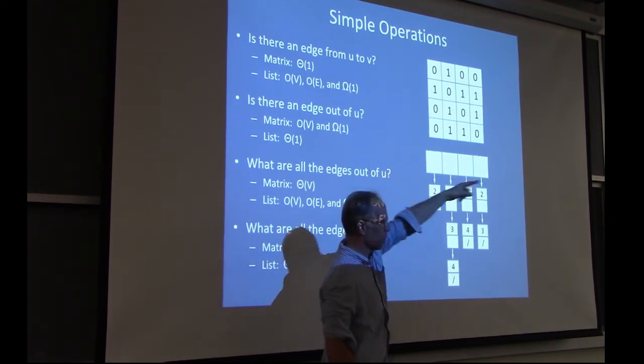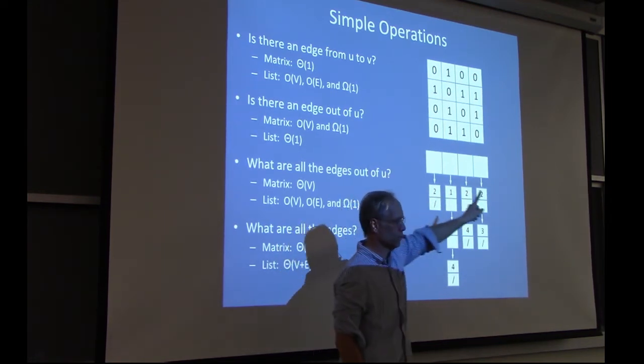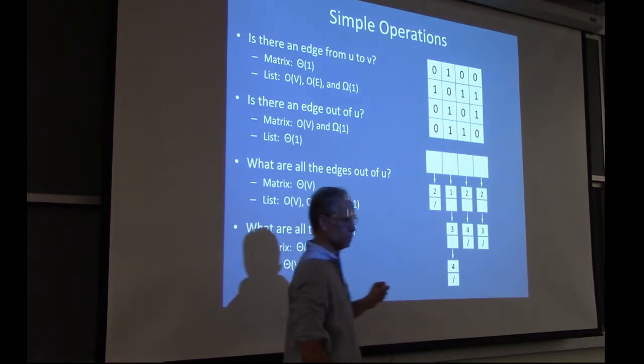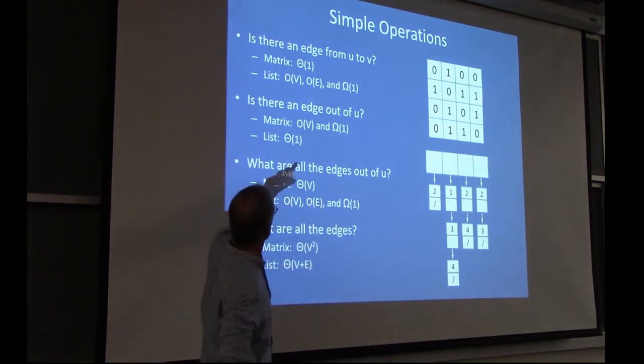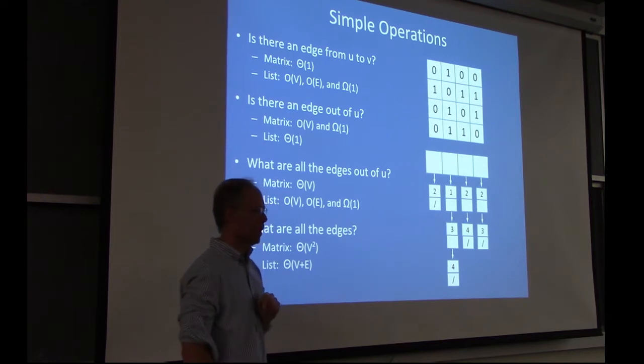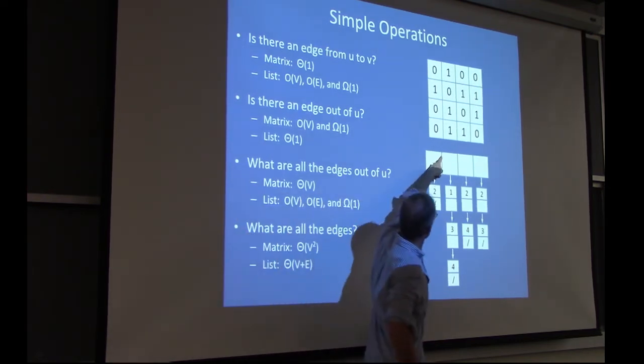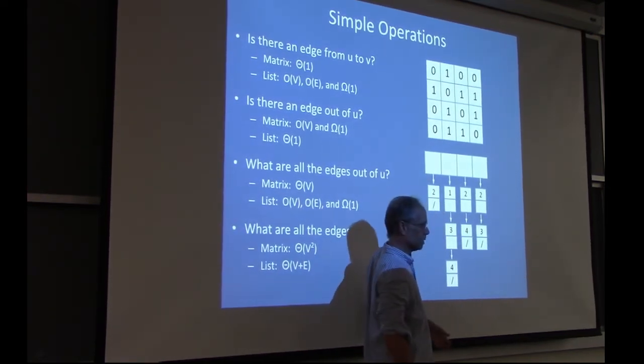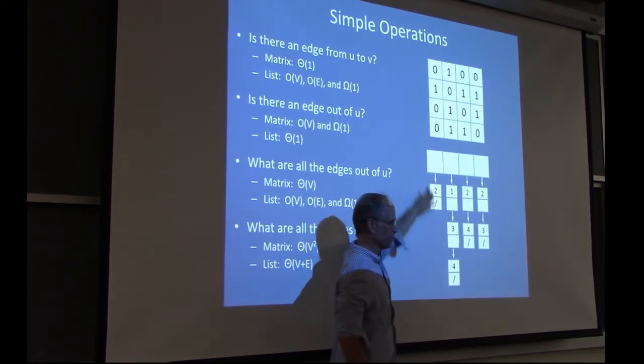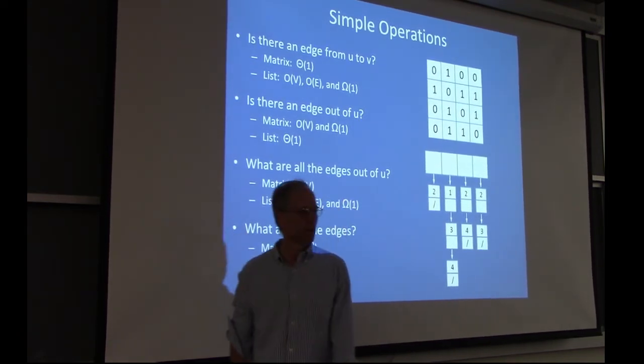Maybe it's all zeros all the way across, and you've got to check all the way across to find out there's no edge. On the other hand, on a list, it's always constant time, because if there's a null stored here, you know there's no list. If there's a non-null stored there, you know there's some edge down here, so you can answer in constant time.